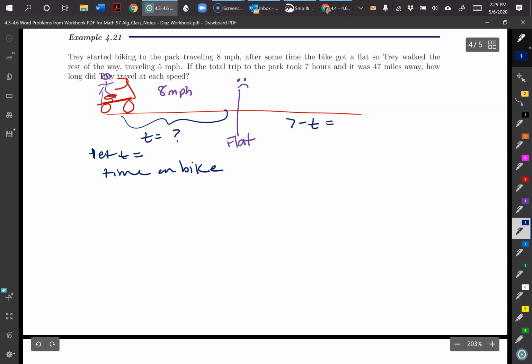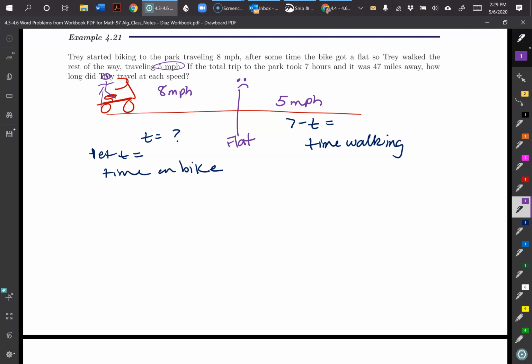That equals time walking. And what pace was that? We were given that info here, that it was 5 miles per hour walking. And the distance is 47 miles away.